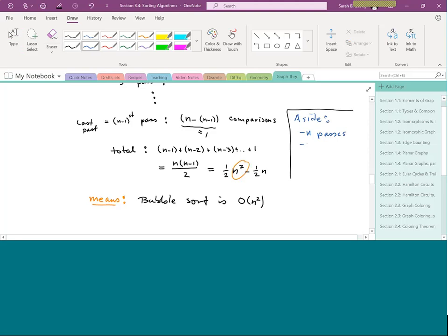What happens if you also did all n minus 1 comparisons each time for each pass? In other words, you didn't stop early in any way, shape, or form. Notice the total number of comparisons in that case would be n times n minus 1, which is n squared minus n. And notice that still gives you order n squared.